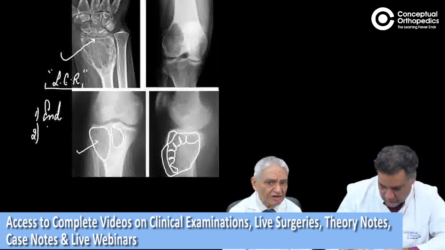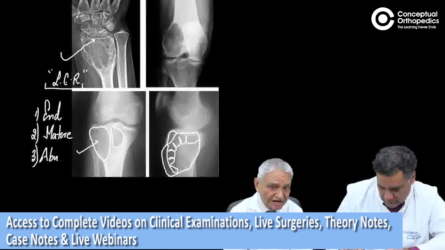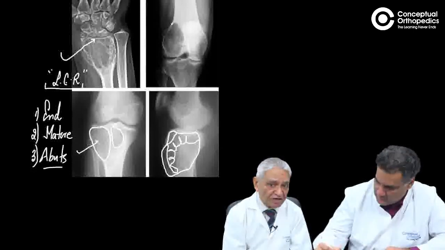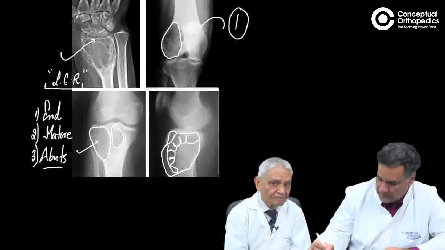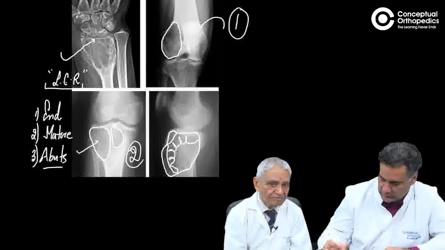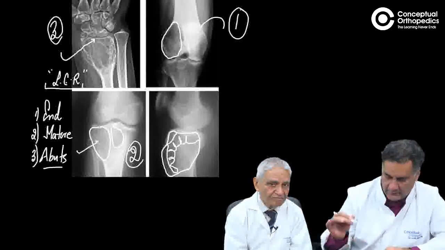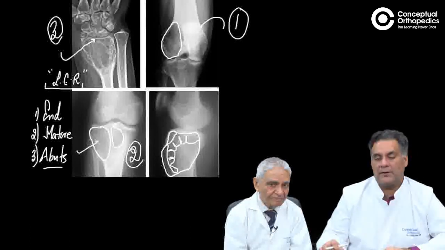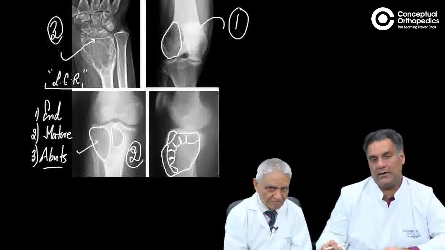I think these are very important features. And this picture, of course, is showing you the commonest sites at which giant cell tumor can be seen in a wider population, in the order of predilection: 1, lower end of femur, 2, then upper end of tibia, 3, then lower end of radius.